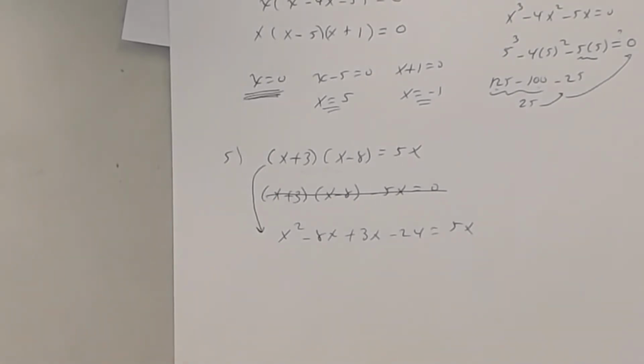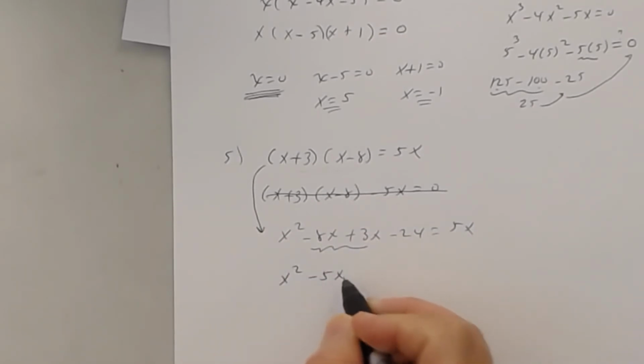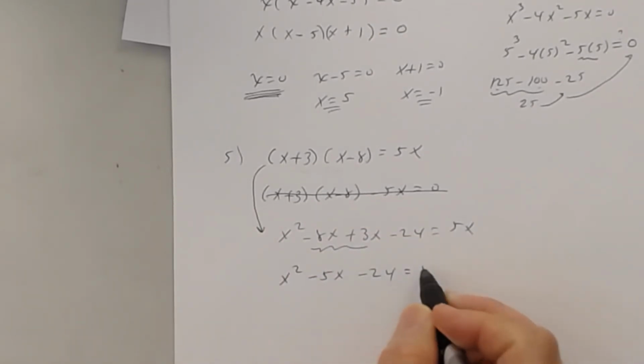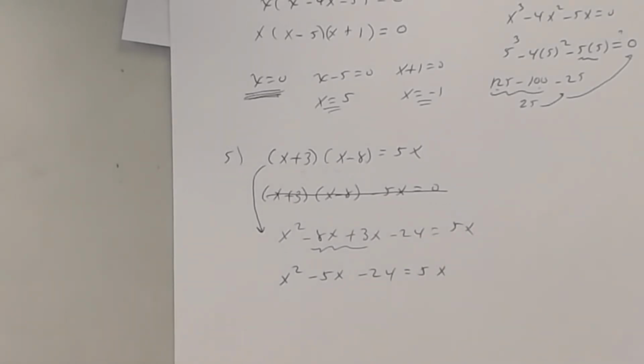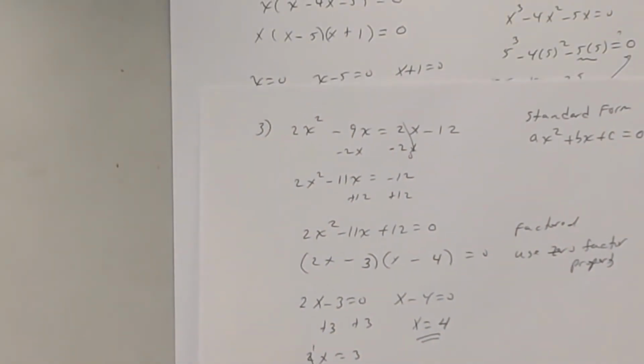Combining like terms on the left-hand side, I can combine the x terms here. I get x squared minus 5x minus 24 equal 5x. And now that kind of looks like one we did a while ago, and that was number 3. Remember number 3?